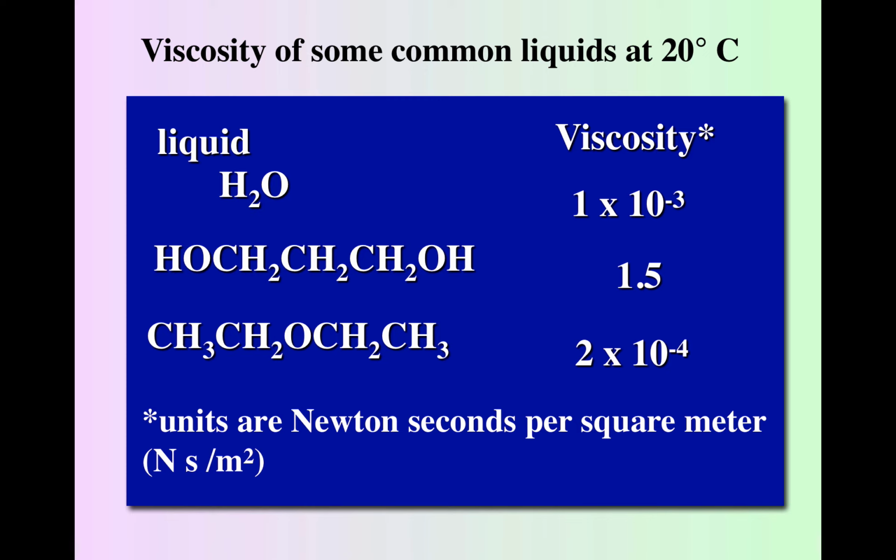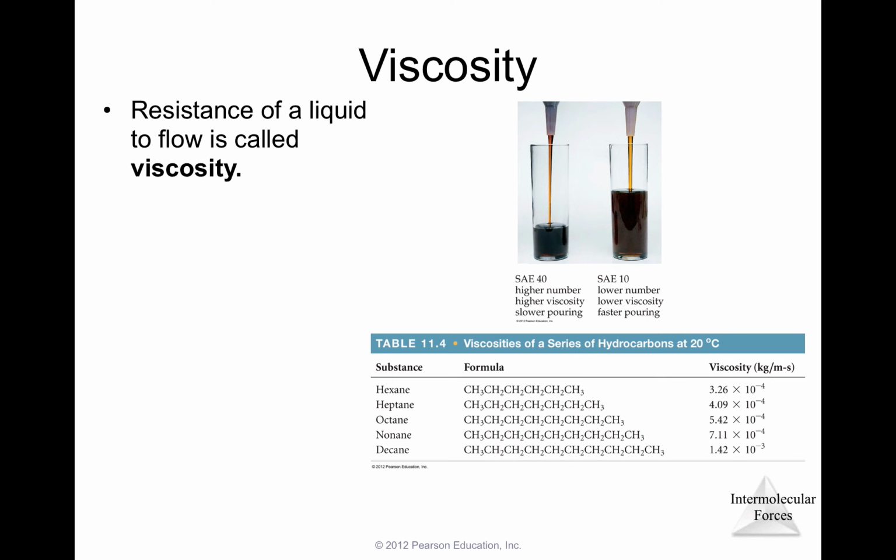So that's basically the main driving force behind viscosity: how long the molecule is and how easily it gets tangled up with others while trying to flow. So, resistance to flow. Big particles are going to resist flow more than small particles. More tangling going on with decane than you have with hexane.